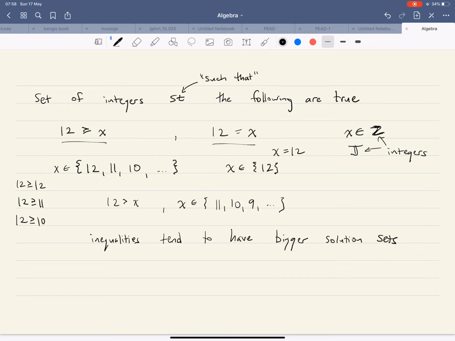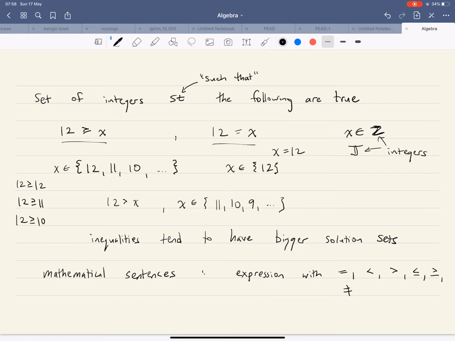Now, these expressions that we've been talking about are called mathematical sentences, right? So a mathematical sentence is an expression with an equality or an inequality, right?